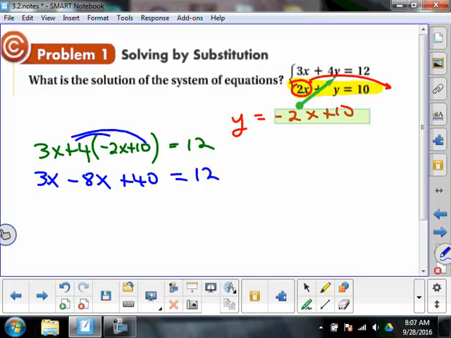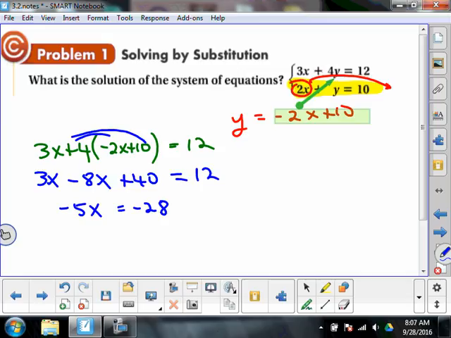So solving this the rest of the way, combine our like terms, we get negative 5x. I'm going to go ahead and subtract 40 from the other side, if you don't mind. Hopefully that doesn't offend anybody. Dude, this isn't going to work out nice, is it? That's going to be, is that negative 28? Is that negative 28?